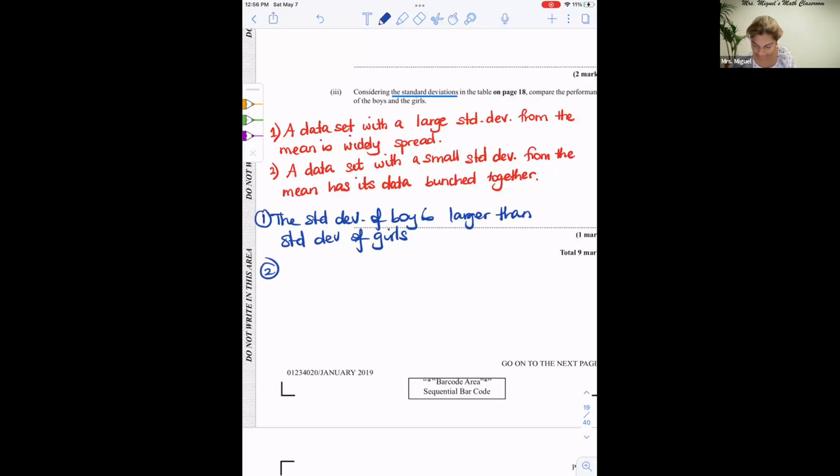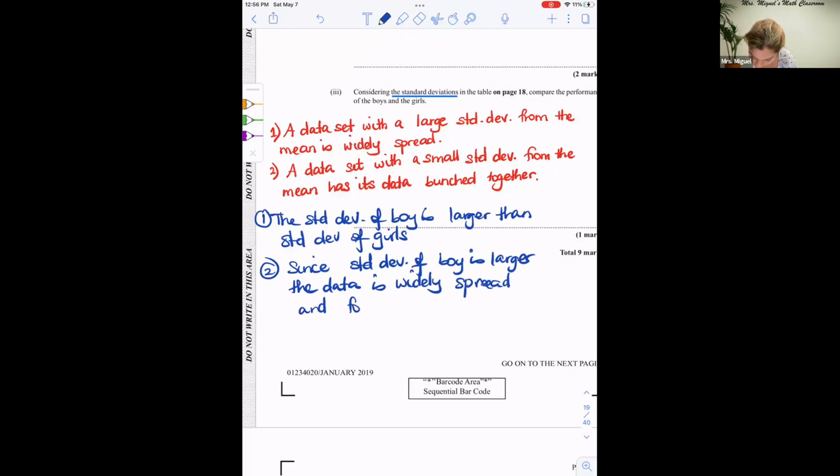Also, you can say, since the standard deviation of the boys is larger, the data is widely spread, and for the girls, the data is closer.